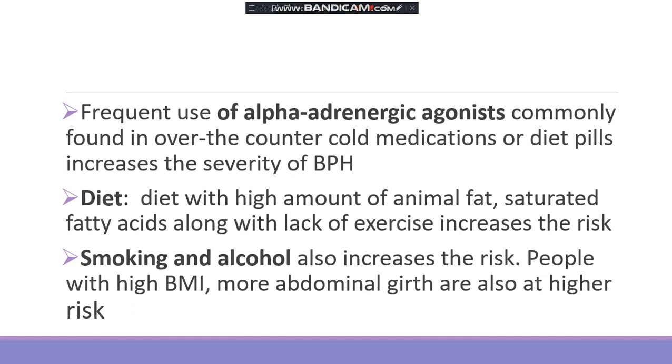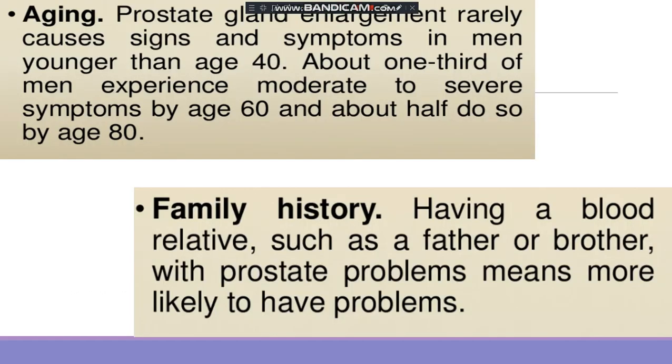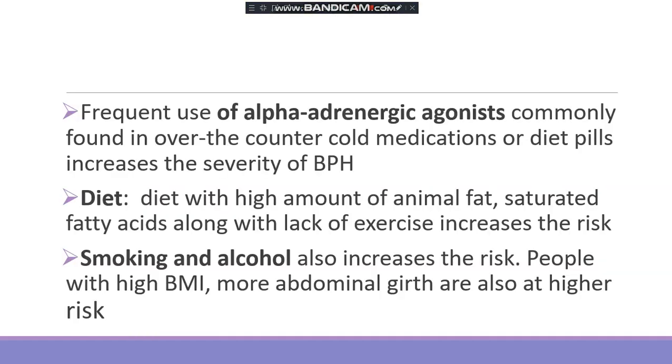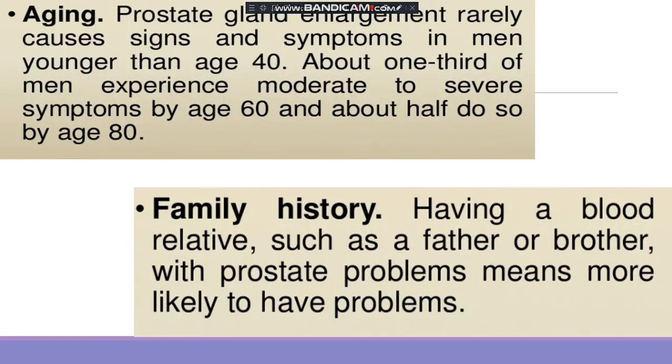Then smoking and alcohol. Some studies have shown that smoking and alcohol increase the risk for BPH. Also, increasing BMI, that is the obese condition, is another risk factor for BPH. Okay. Then aging, as we all know, as the age increases, prostate gland enlargement will occur.